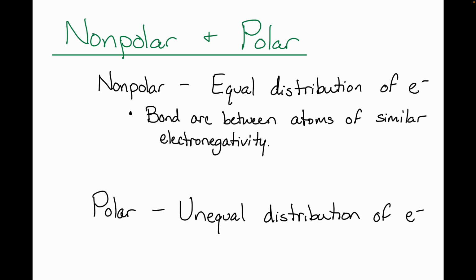Remember electronegativity, that tug of war over electrons in a bond. If two atoms have the same tug of war abilities, neither is able to pull electron density more than the other one. A very simple example would be I2, that first one that we laid out. If we have a bond between two iodine atoms, one of them can't be better than the other at this tug-of-war game. So there's going to be a nice equal distribution of electrons in that molecule.